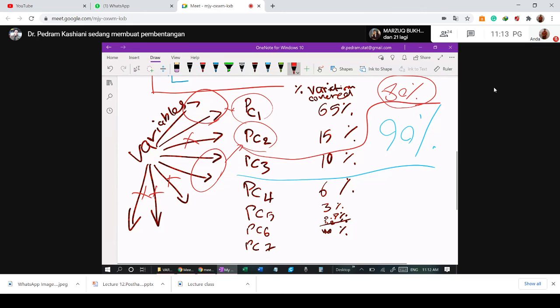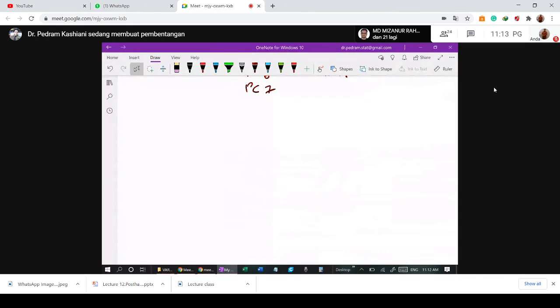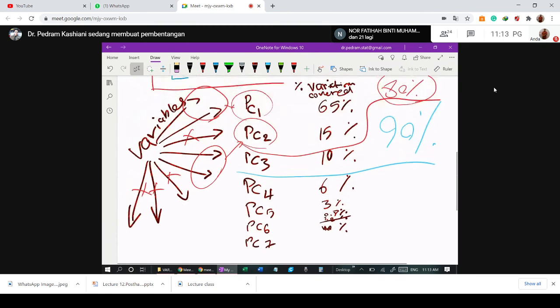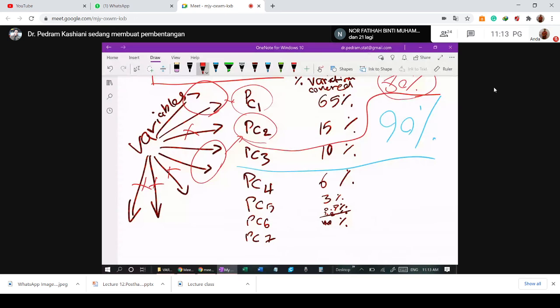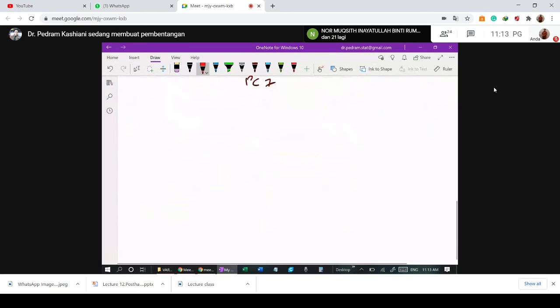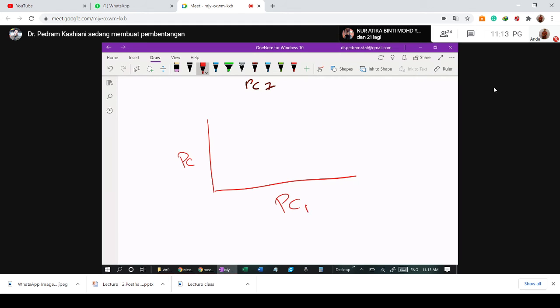And then we want to make a graph. PCA is most of the time shown by a graph, whether a 2-dimension graph or a 3-dimension graph. If a 3-dimension graph, I am using the first 3 PCs. If a 2-dimension graph, I'm using the first 2 PCs. So let's say I put it like this. Now this is PC and PC. For example, this is the bigger one, I call it PC1. This is the smaller one, I call it PC2.